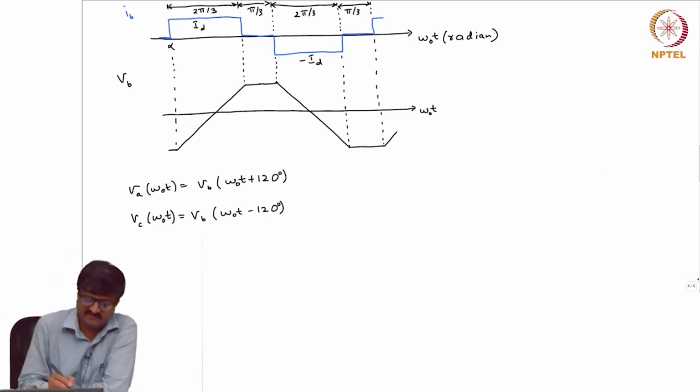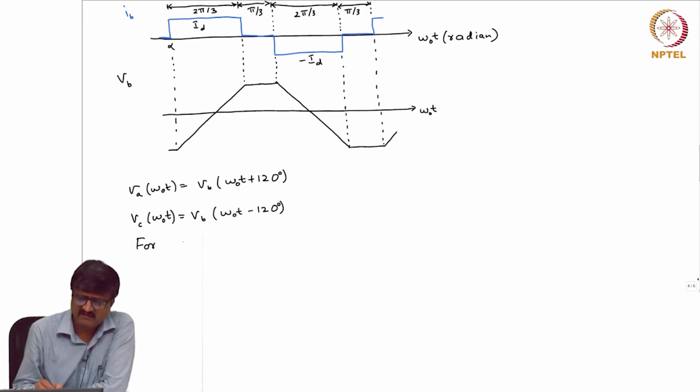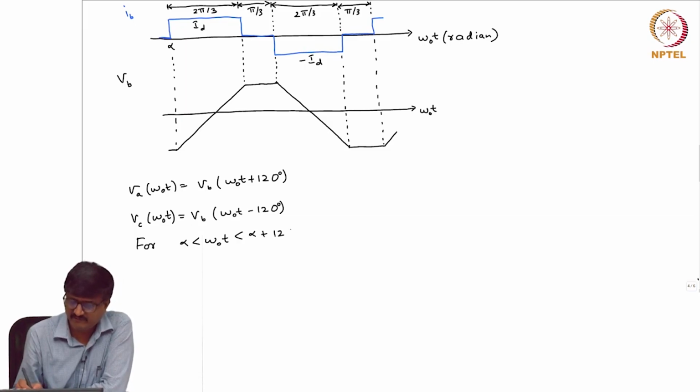Okay, so let me try to get the expression for VB for alpha to alpha plus 120 degrees. What is VB?